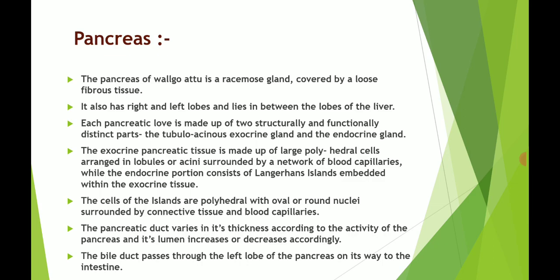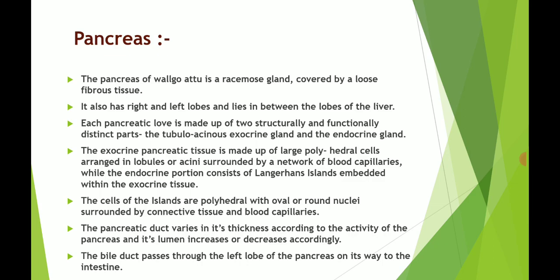The exocrine pancreatic tissue is made up of large polyhedral cells arranged in lobules or acini surrounded by a network of blood capillaries, while the endocrine portion consists of islets of Langerhans embedded within the exocrine tissue.